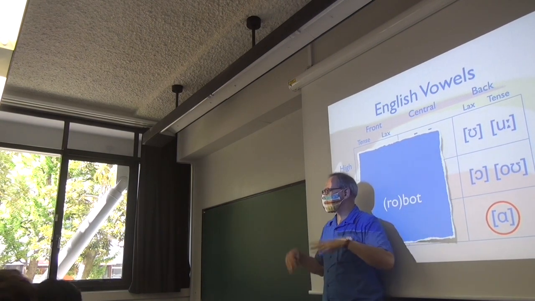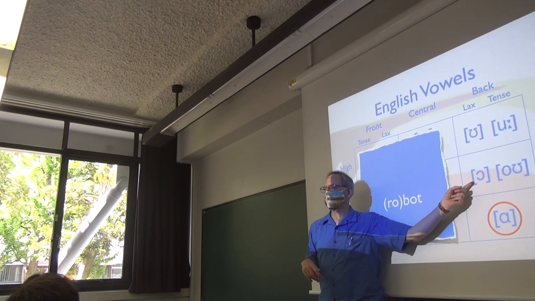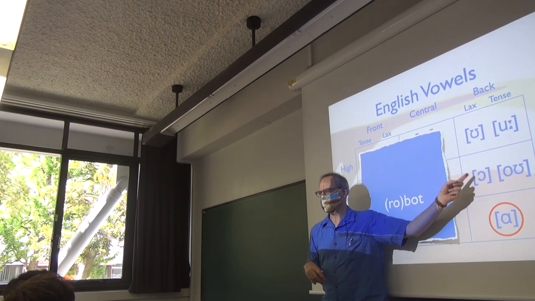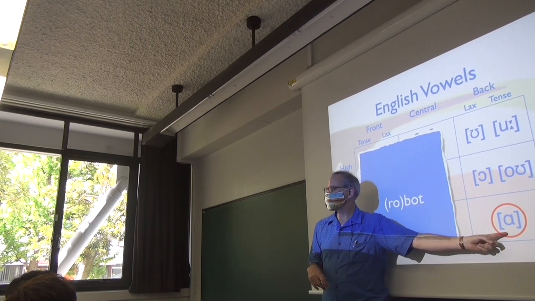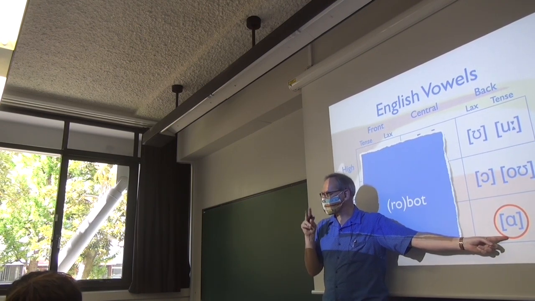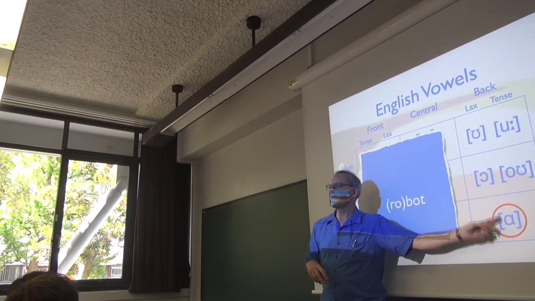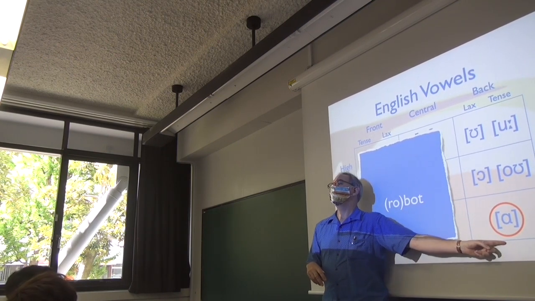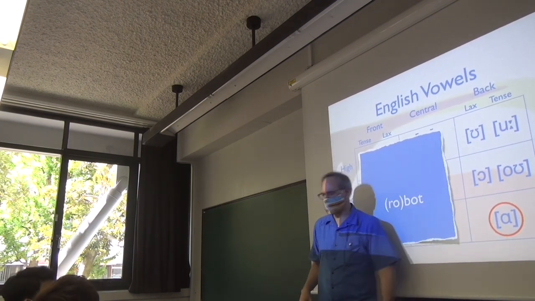So for those dialects that would say bought, I bought a new book yesterday. Bought, bot. They're close, right? The tongue is lower and further back in the case of bot.